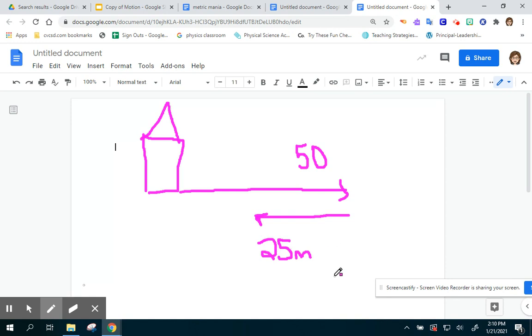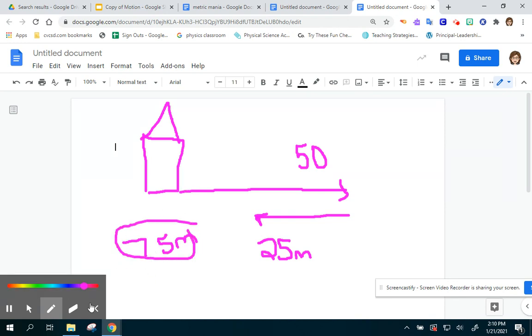So how many meters has he traveled in total? So what was his distance? We know he went 50 this way, 25 back. His distance would be 75 meters. But what is his displacement? Look at where he started, which was right here.